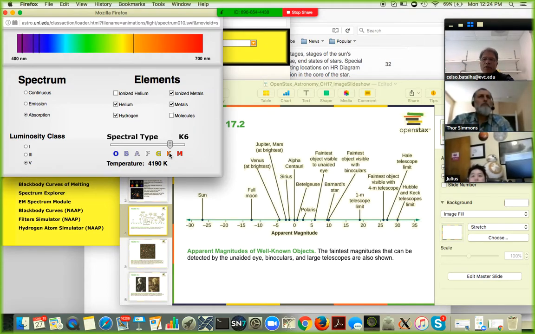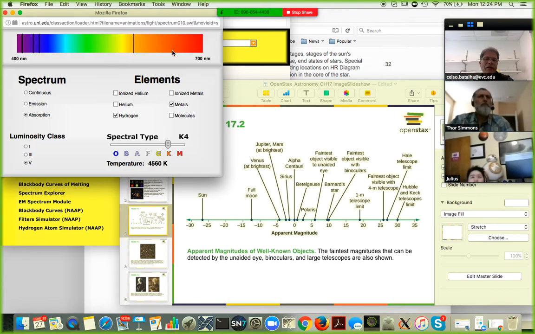So astronomers, when they trace a star that has this signature, so the only element for a K2, yeah, hydrogen. So hydrogen in there. If you look at a K2, you can barely see it.